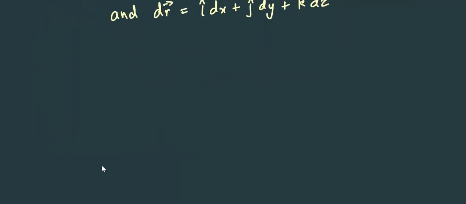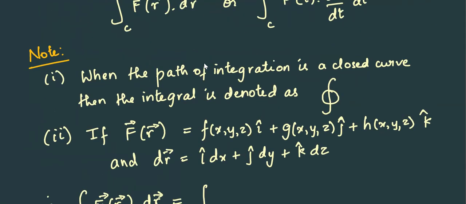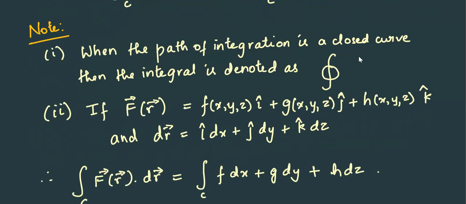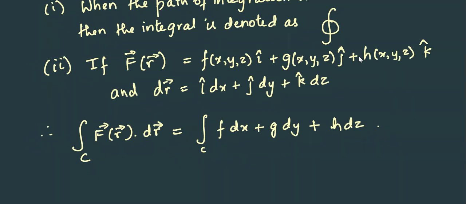So now therefore the line integral of f dot dr along the path C is integral of, look at the dot product, we get f dx plus g dy plus h dz. Okay, this is the most important common type of line integral.